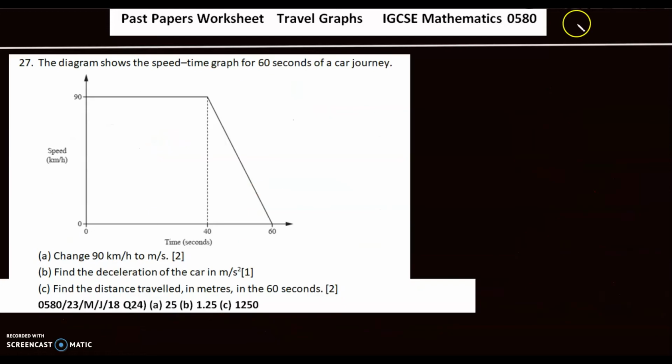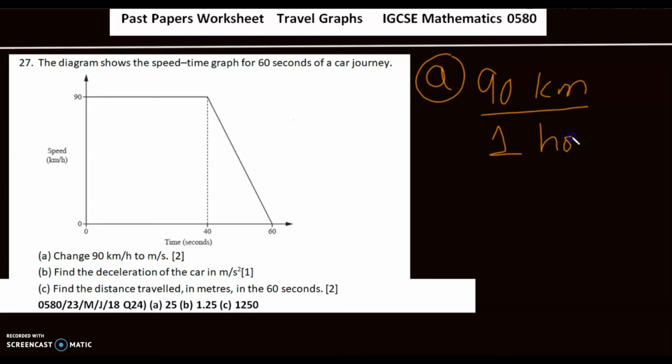Okay, in the next question, the diagram shows the speed time graph for 60 seconds of a car journey. Change 90 km per hour to meters per second. Okay, so for that, we have 90 kilometers per hour, which means per 1 hour. We have to change kilometers into meters, so we're multiplying it with 1000.